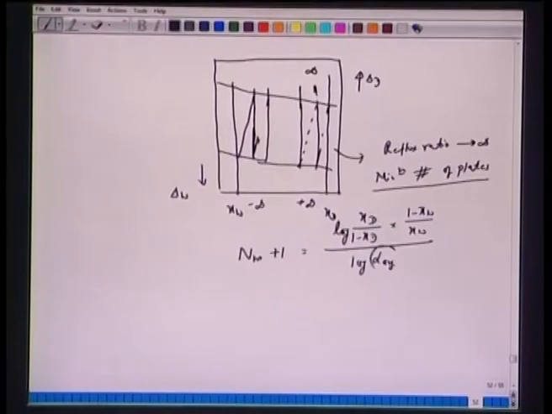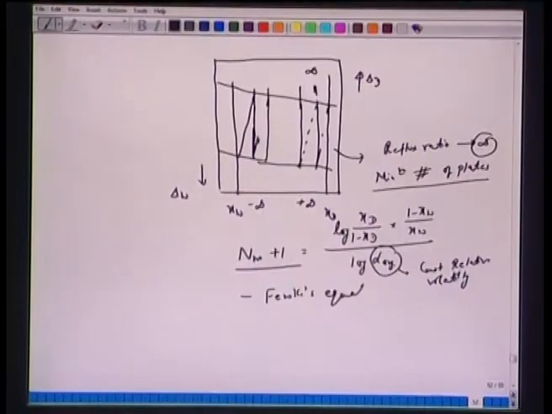So, if we take constant enthalpy and constant relative volatility, one can obtain this equation analytically for the minimum number of plates at infinite reflux ratio, and this is the well-known Fenske equation.